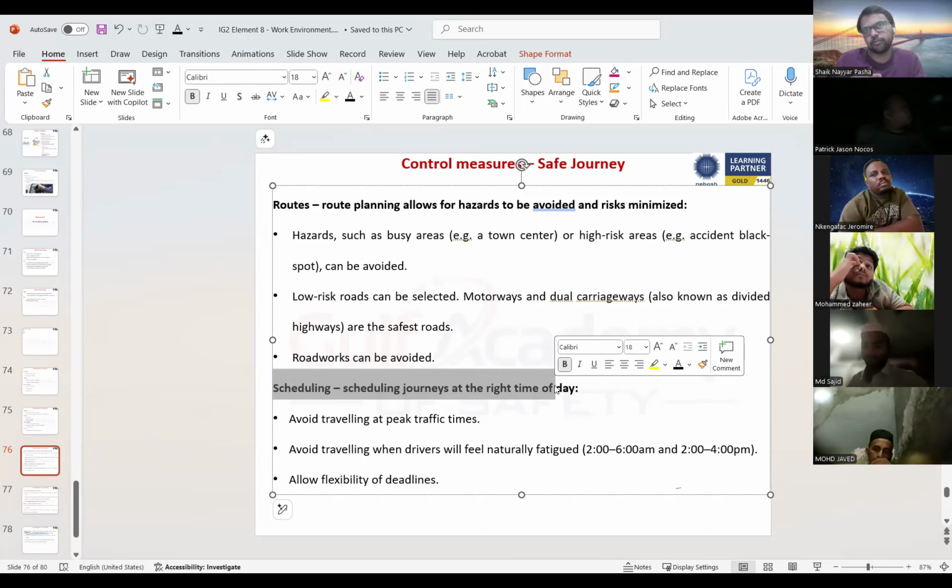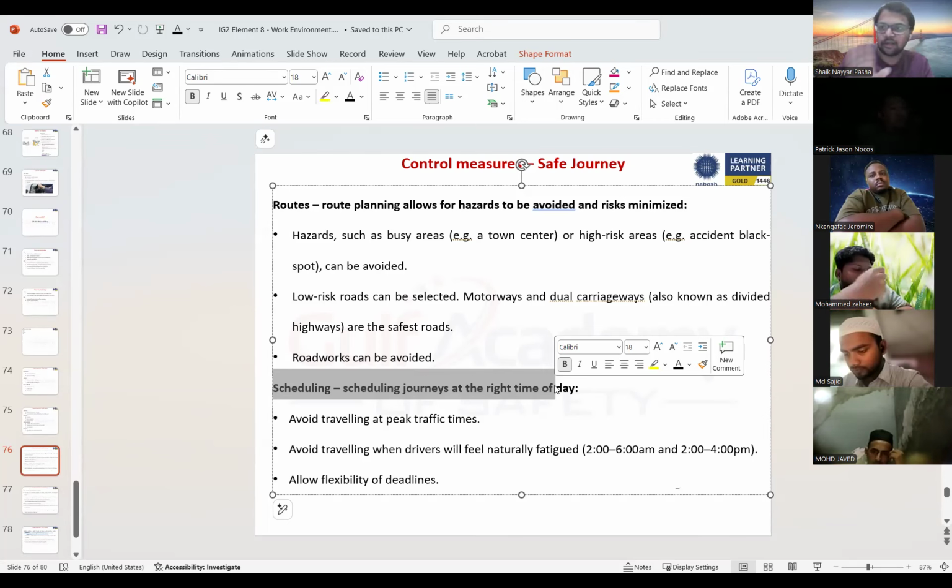For example, if I have to travel to my hometown, which is approximately 330 kilometers from Hyderabad, I never travel within the city. Particularly between 8 o'clock in the morning and 10 o'clock at night, I never take the city route, because it will take approximately 2 hours to reach the outskirts of Hyderabad.